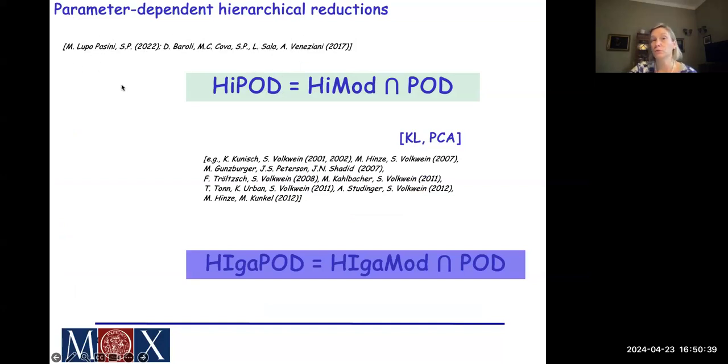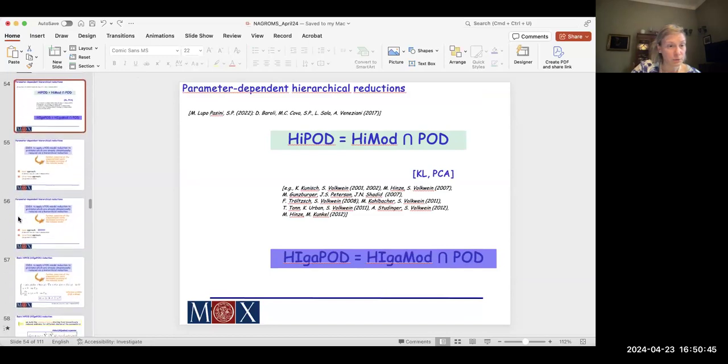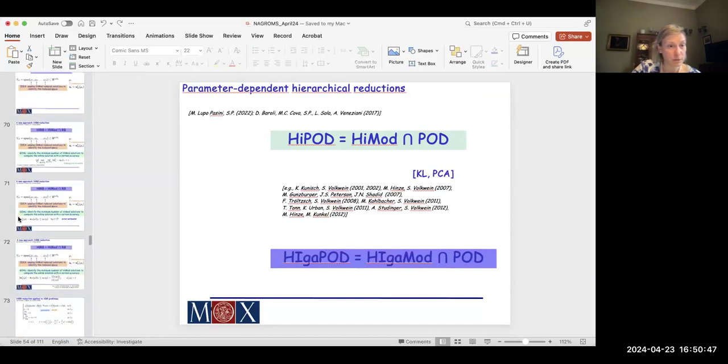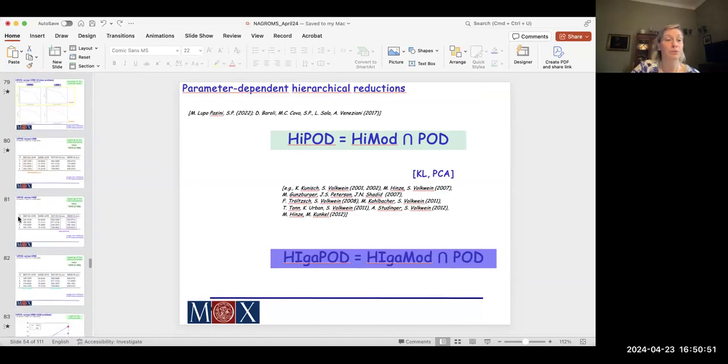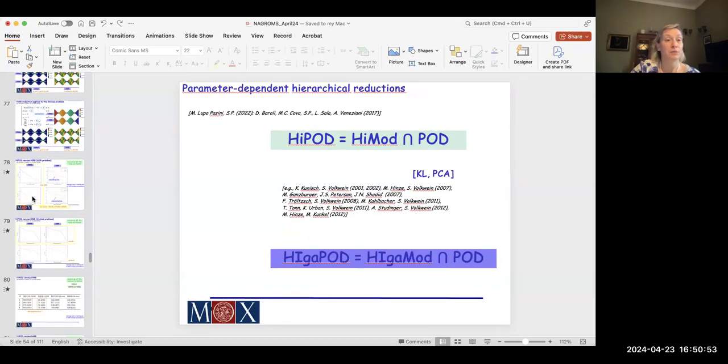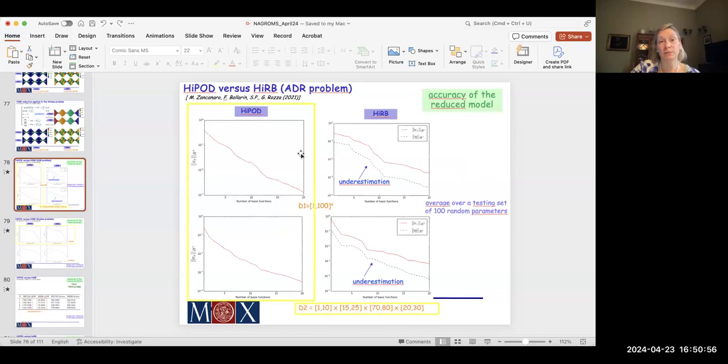This is something more rigorous and more recent. And there is already another work in collaboration with Gianluigi, a student that we co-supervised, Matteo Zancanaro.